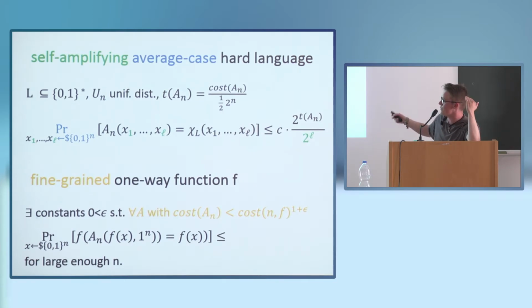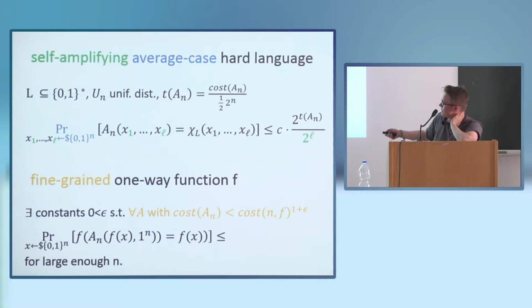All results work for Turing machines and circuits. It doesn't really matter as long as your non-uniform input doesn't depend on the oracle. So we don't have pre-processing type things, but otherwise it doesn't matter whether it's uniform or non-uniform.